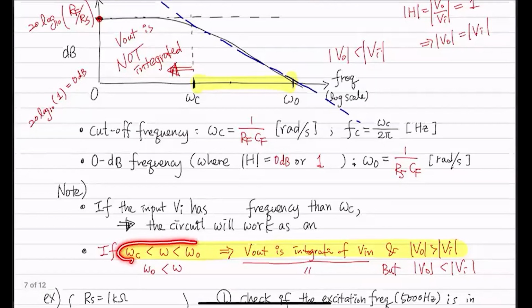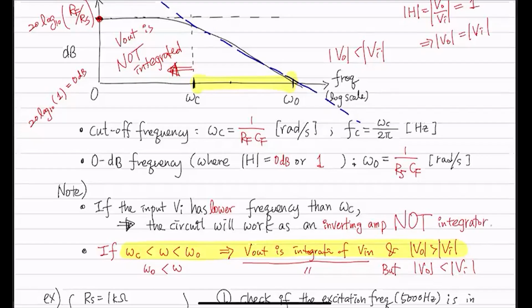So this is the frequency range you want to use to have your output integrated, and your output is decently large enough. And if we talk about this bullet point here, if your input has a lower frequency compared to omega C, which is here, then the circuit will work as an inverting amp, not an integrator.